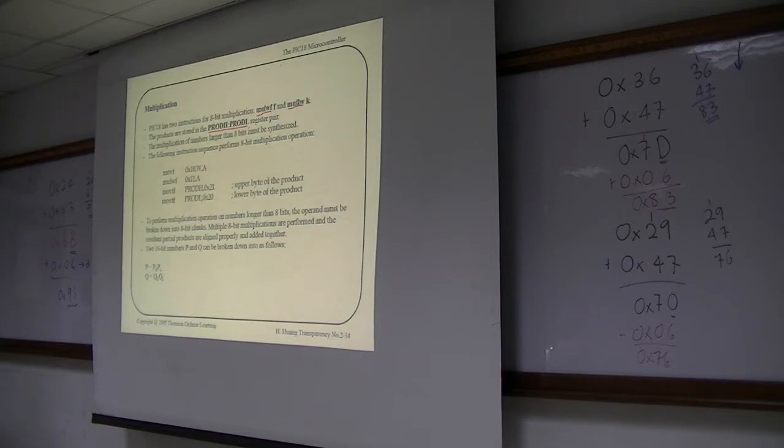So the multiplication of numbers larger than 8 bits must be synthesized. So I'll show that in a while. So let's look at this one example. You want to multiply the content of hex 10 with hex 11. That means a single byte multiply single byte.